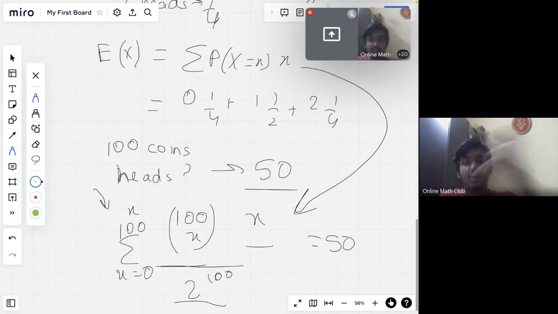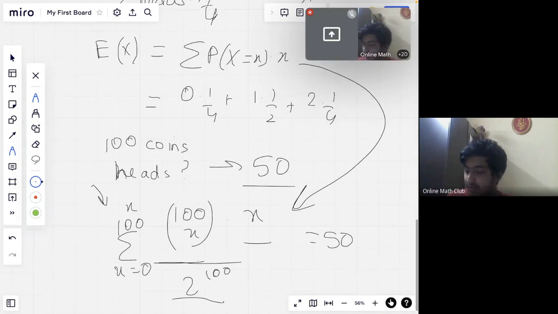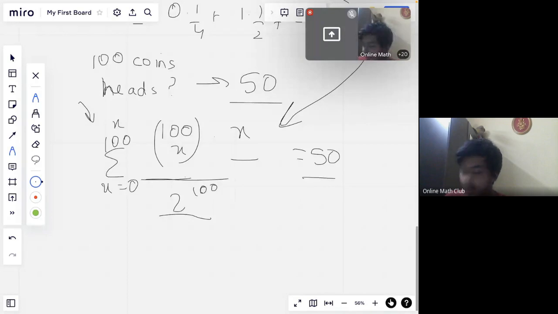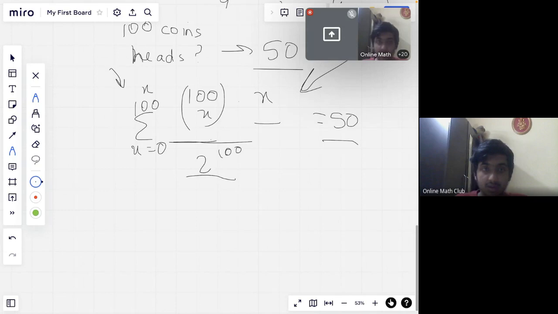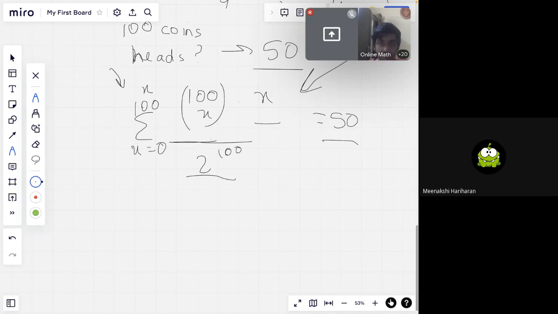You can get that in 100 ways, 100 choose 1. So you can sum this up and you'll get 50, and it's intuitively 50 also. That's just to give you an idea of what expected value is. Is anybody not clear about what expected value is? Is it clear? Right.